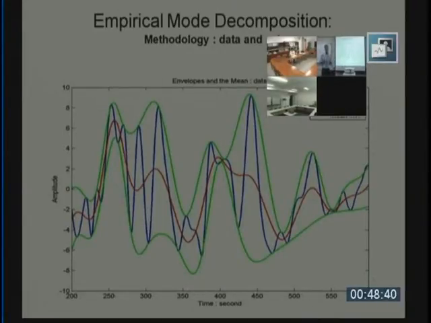And this line is a mean or a median, a random value. But for this value, I did not invoke the data itself. I used the envelope. So this way, it solves one very troublesome problem, which is how to determine the mean of a non-stationary data, a non-stationary time series.